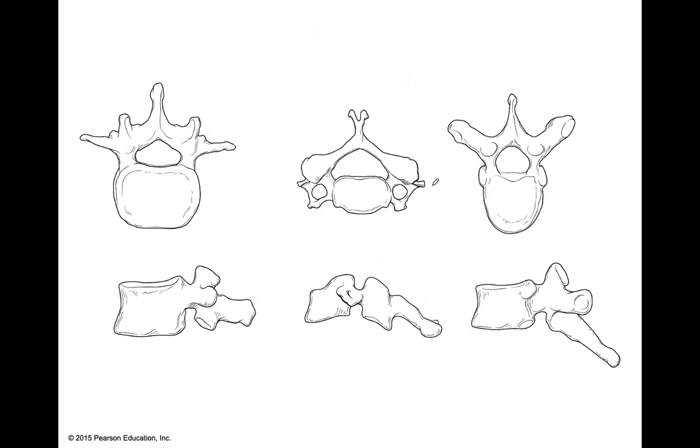So when we look at these, it's important to be able to distinguish which is a cervical, which is a thoracic, and which is a lumbar. A cervical vertebra has the bifid spinous process. A lumbar vertebra has the largest vertebral bodies, but the short knobby spinous processes.